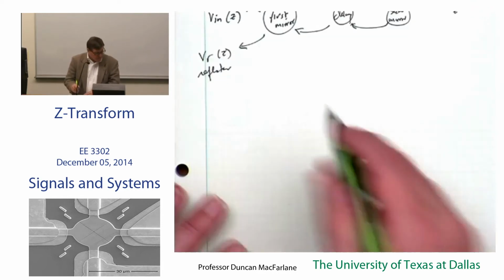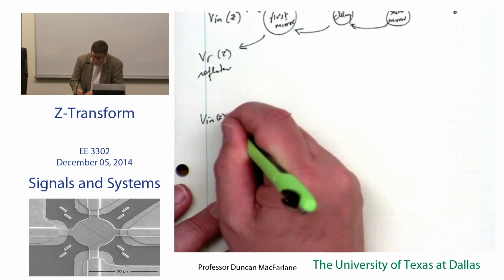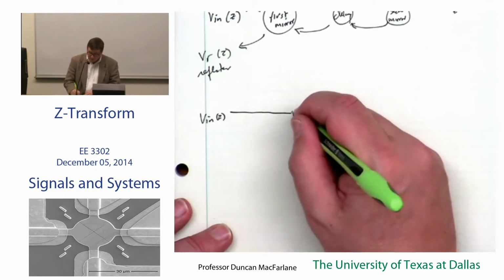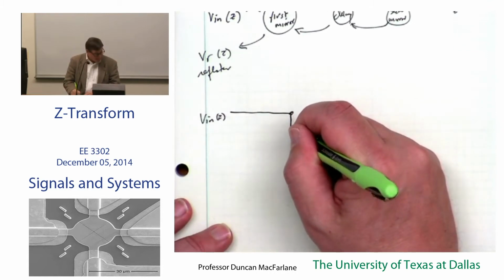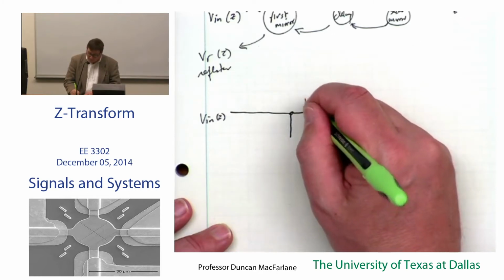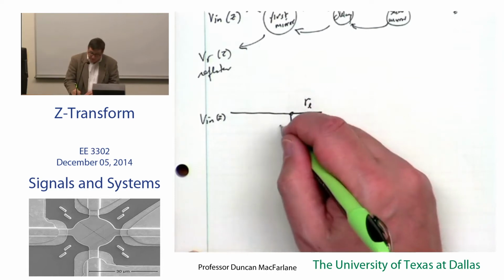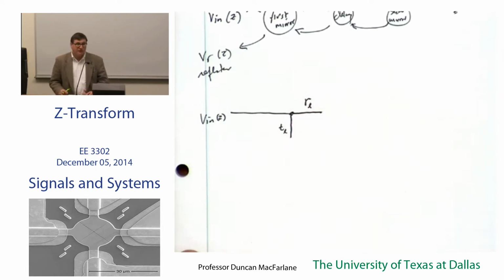Okay? So Vn of Z, there'll be a reflected wave, and then there'll be a transmitted wave through the first mirror.